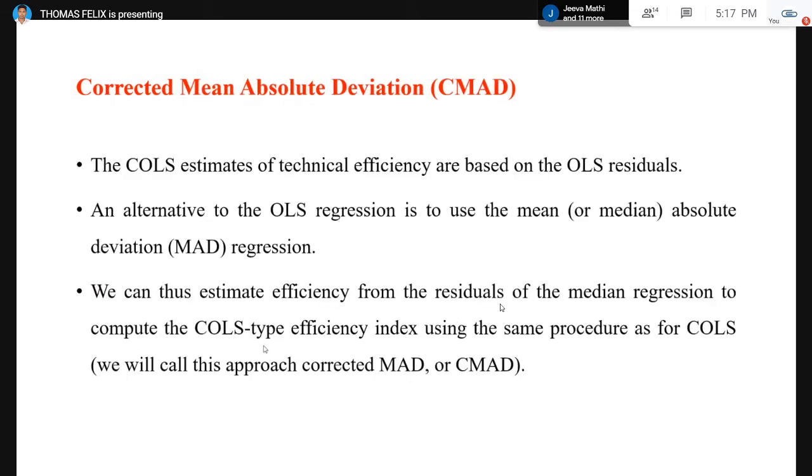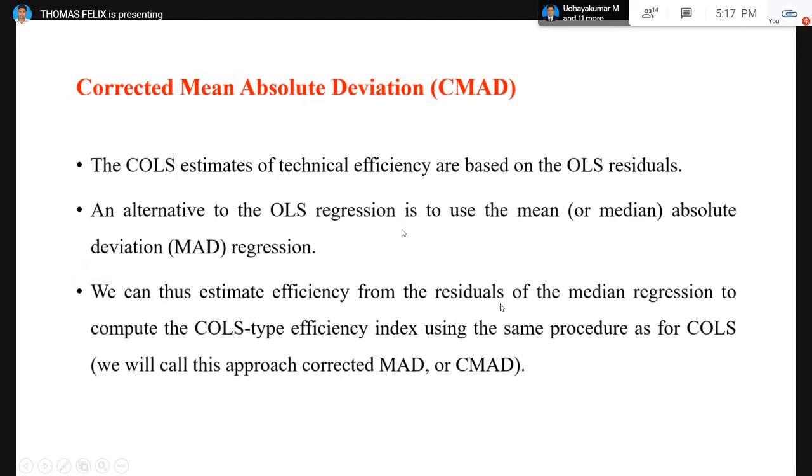After that comes CMAD, the corrected mean absolute deviation. Earlier, in the case of corrected OLS, we used the OLS. OLS uses the mean value.